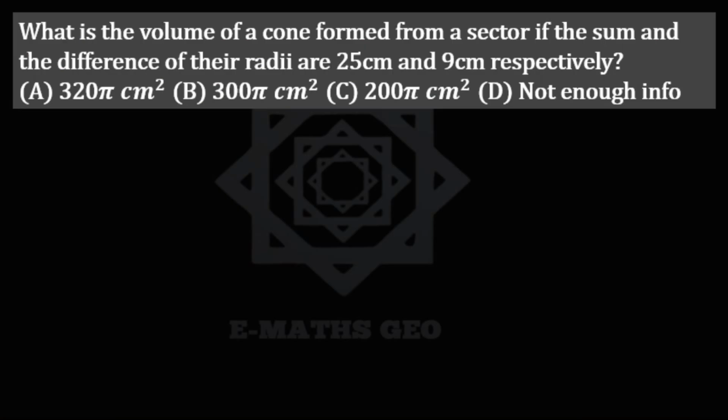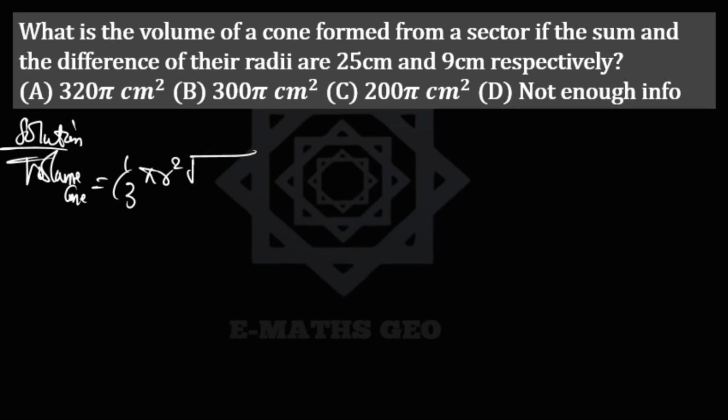What is the volume of a cone from a sector if the sum and the difference of their radii are 25 and 9 cm? We've generated that the volume of a cone is always 1/3 pi r squared times the square root of L squared minus R squared.